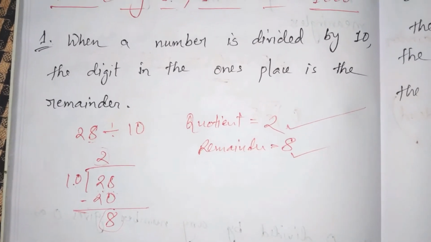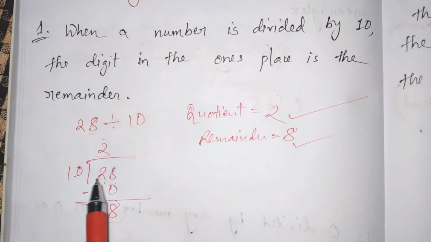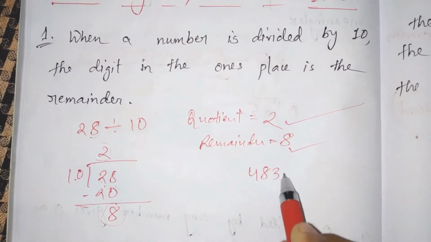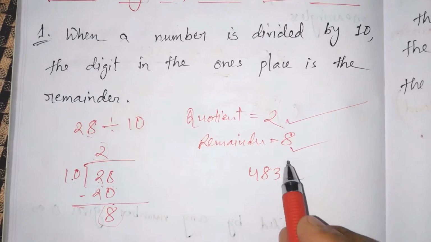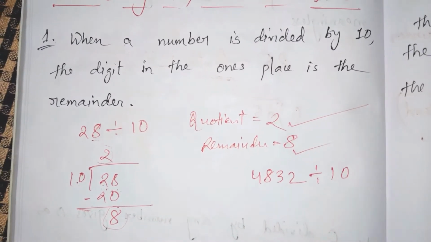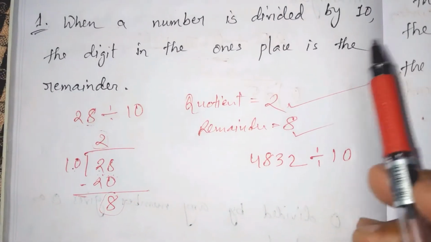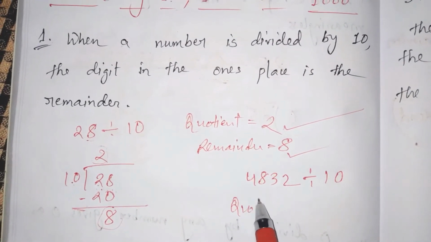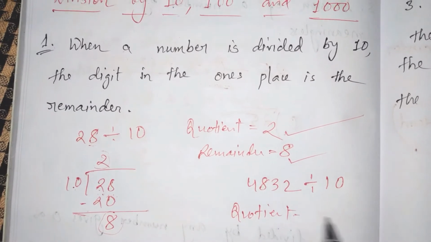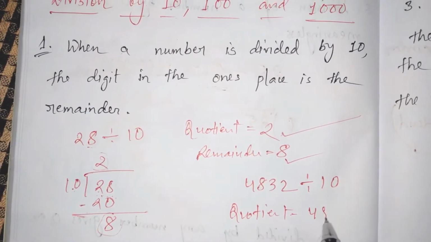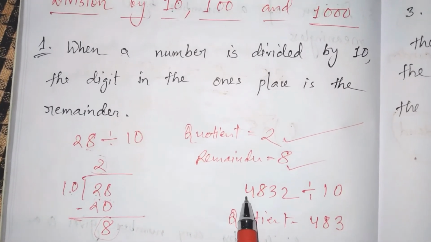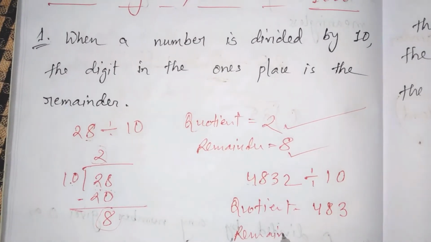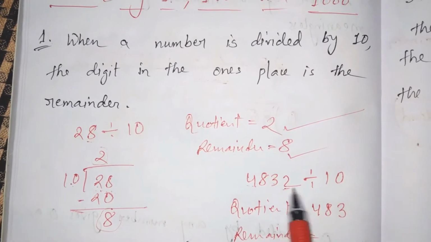I have taken this 28, but you can take a larger number, suppose 4832, and divide it by 10. According to this rule, the quotient will be 483, the first three digits, and the remainder will be the last digit, 2.